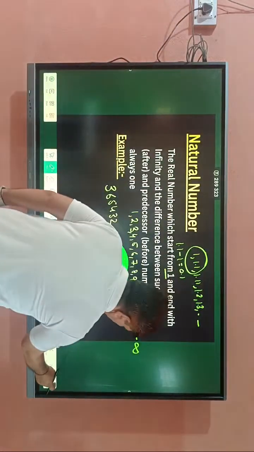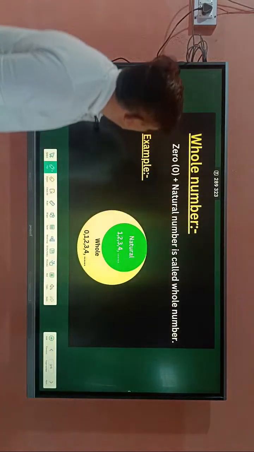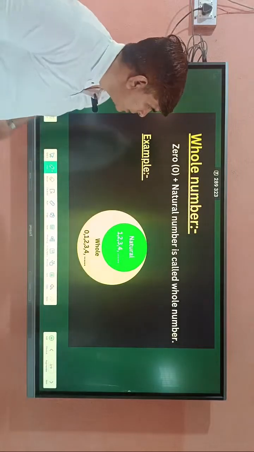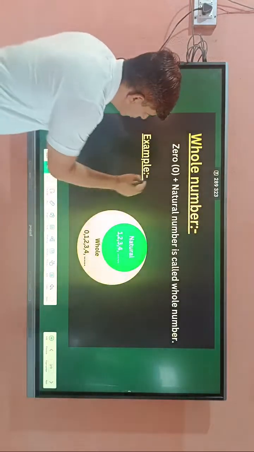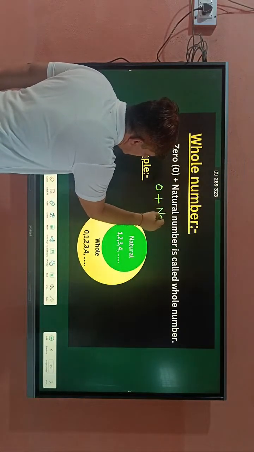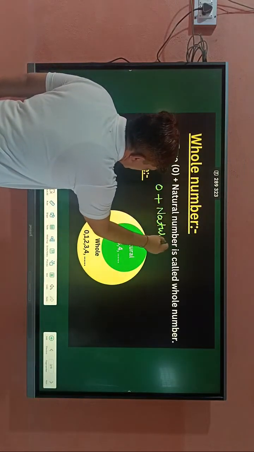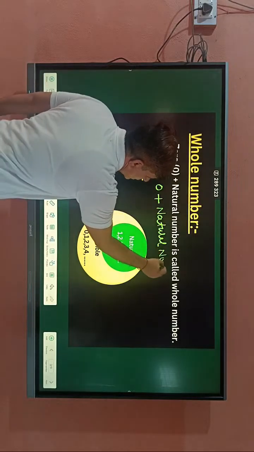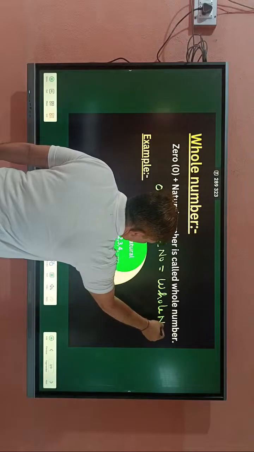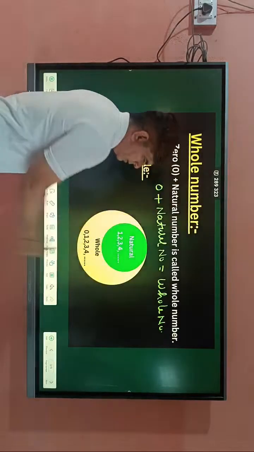Then second is coming. What's coming? Whole numbers. If you know about natural numbers, then directly you can say, if you add 0 in the natural numbers, then it becomes whole numbers. Look here.